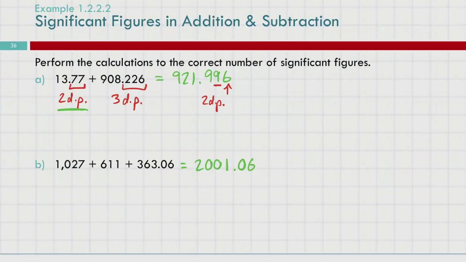Also a 10. So this rounds all the way up to 922. And we need to keep those decimal places in there. So 922.00. Questions?